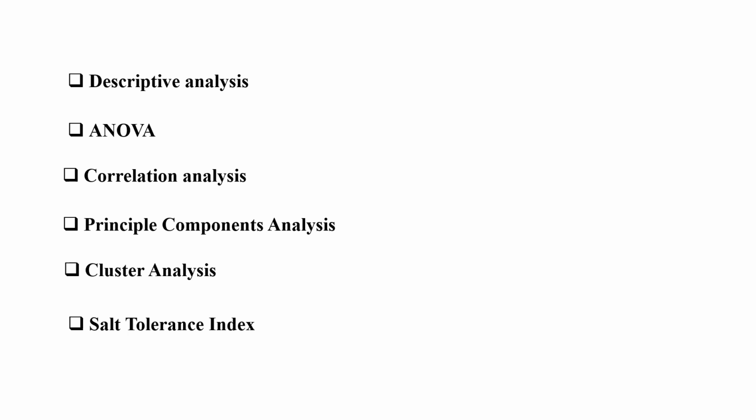For the analysis of agronomical and morphological characters, we can use descriptive analysis. It will give an idea of the range between the genotypes, the minimum and maximum values, and the mean and mode values. After that we can determine the ANOVA, the significance level of each level that we are using.